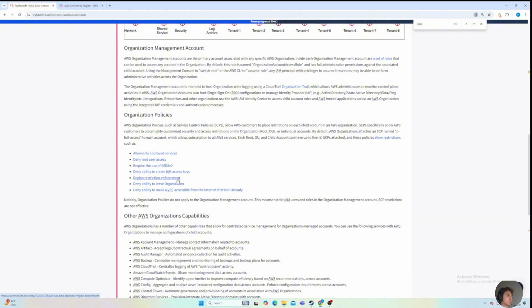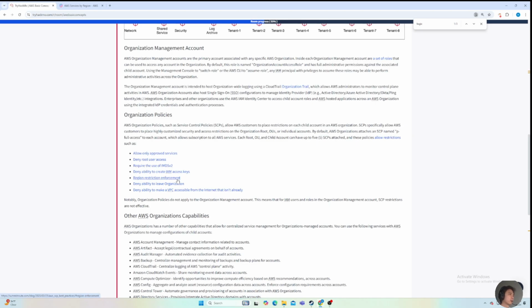Using the management console to switch role or the AWS CLI to assume role, any IAM principal with privileges to assume these roles may be able to perform administrative activities across the organization. The organization management account is intended to host organization-wide logging using a CloudTrail organization trail, which allows AWS administrators to monitor control plane activities in AWS.